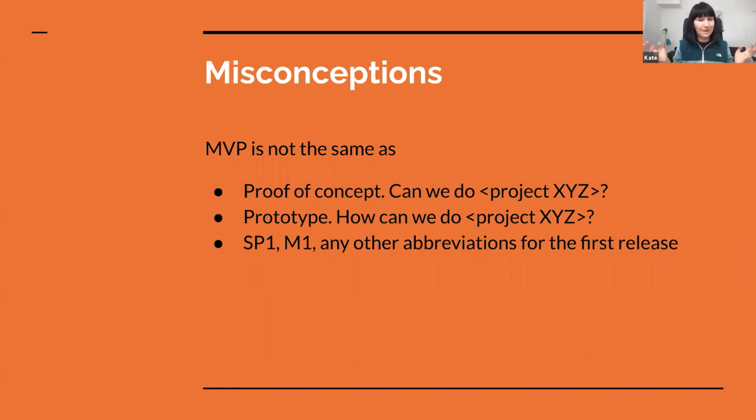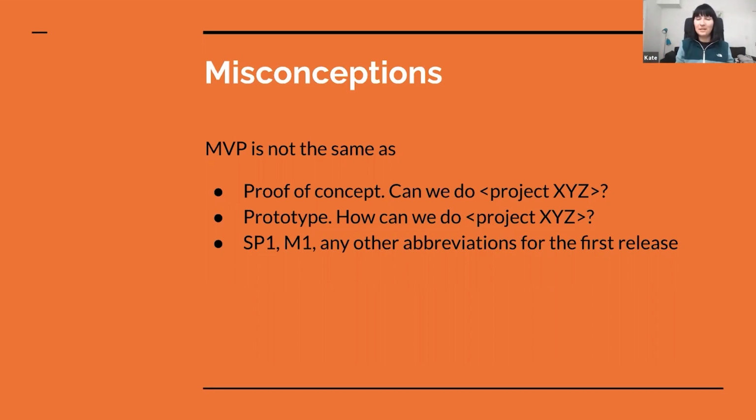Again, that's not a science. Ship point one can be the same thing as MVP. It may also not be the same thing as MVP. Ship point one can be the first release of a project that's already been planned out for 5 ship points after the first release.